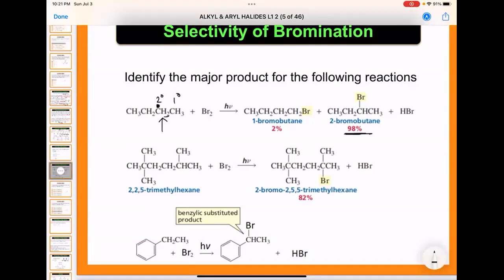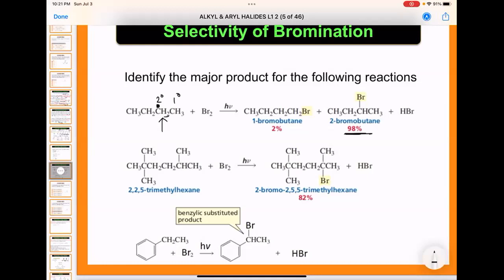If you do chlorination, chlorine is very reactive, like a young man. It has a lot of energy, so for chlorine it doesn't matter whether the hydrogen can be broken more easily or less easily. Chlorine itself has a lot of energy and will break any hydrogen on its own, so chlorine can get attached to any carbon.